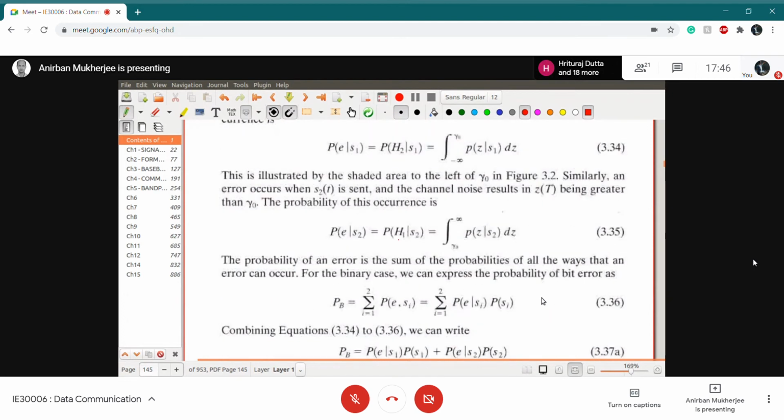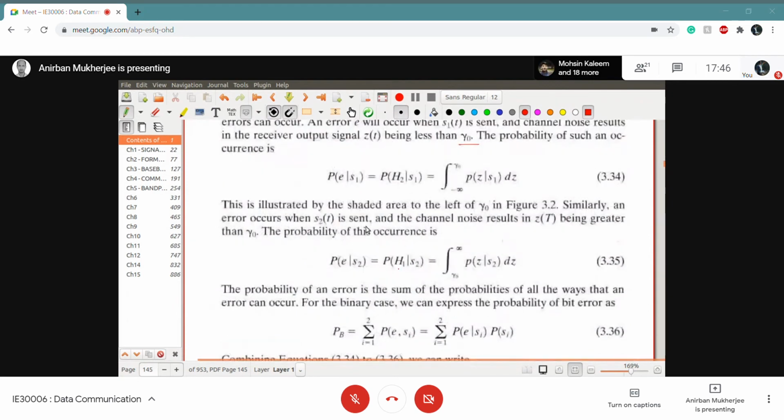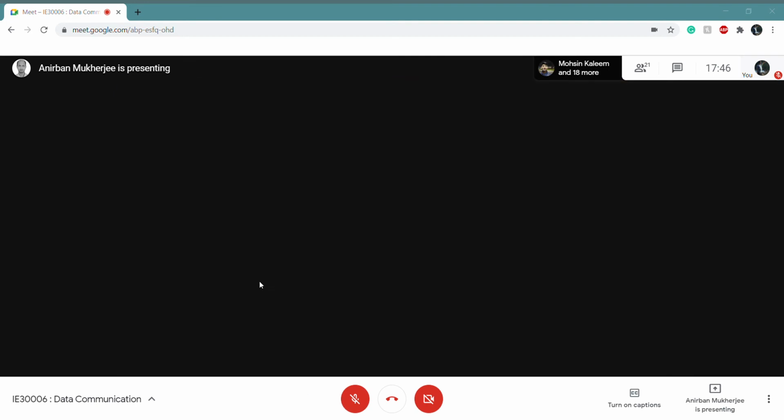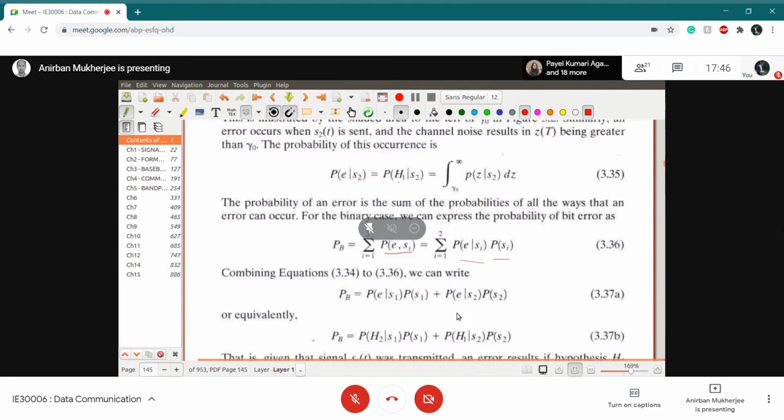I just shaded those things. Now, what is the error probability? These probabilities are independent and mutually exclusive, so you just add the two. The probability of bit error is P(E given S1)P(S1) plus P(E given S2)P(S2), where E given S1 is P(H2 given S1) and E given S2 is P(H1 given S2).